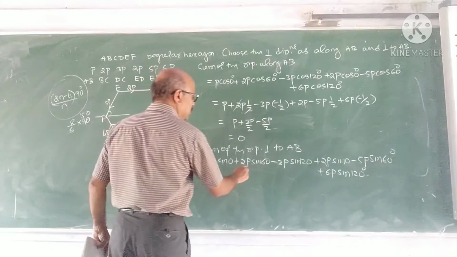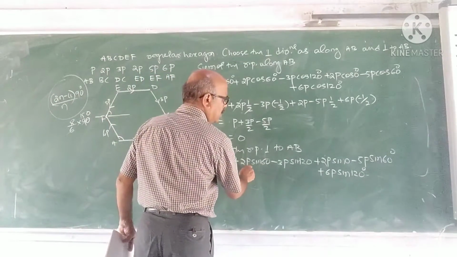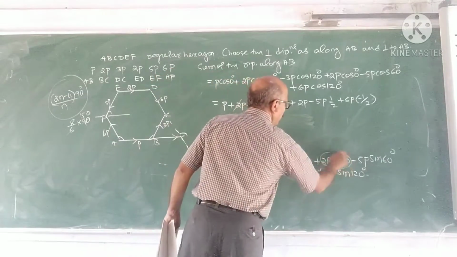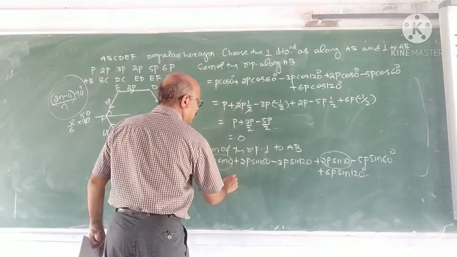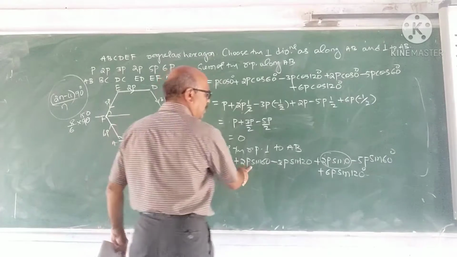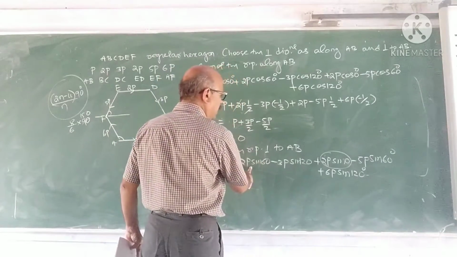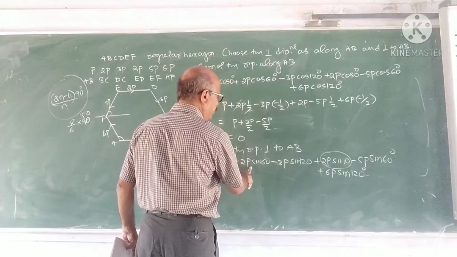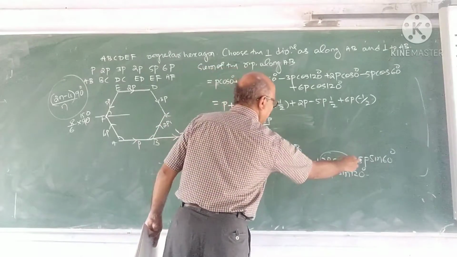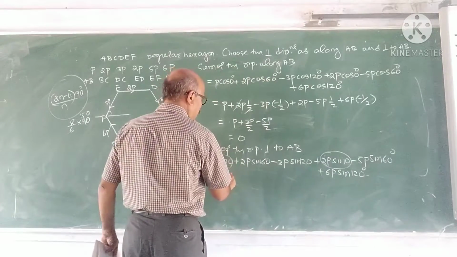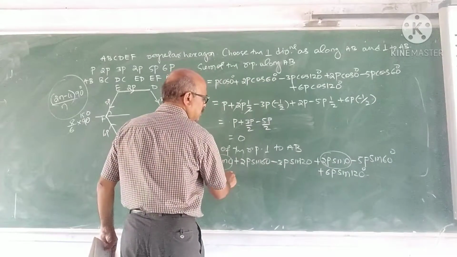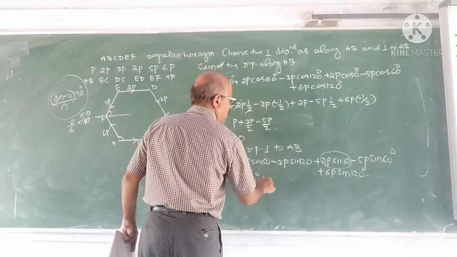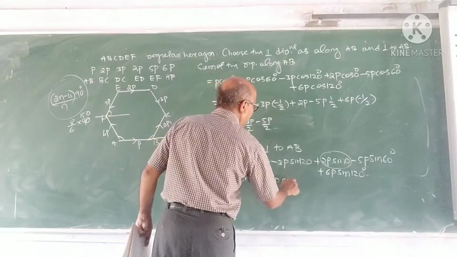So sin 0 is 0, and sin 60 is root 3 by 2. We have 2P sin 60 minus 5P sin 60 minus 3P sin 60 plus 3P sin 120.